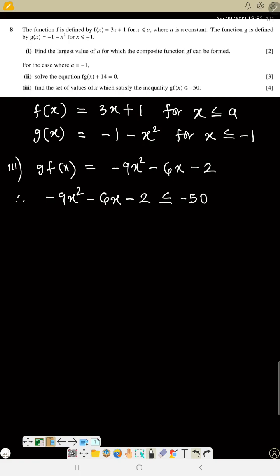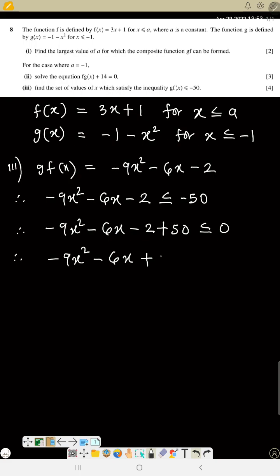So like that. Now bring this 15 in. We have minus 9s squared minus 6s minus 2 plus 15 is less than or equal to 0. So minus 9s squared minus 6s plus 13 is less than or equal to 0.